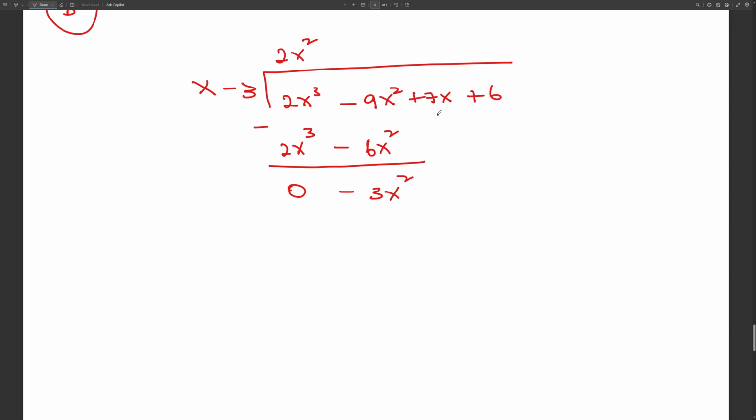And then take the 7x and bring it down here. Of course, it's plus 7x. Now, take negative 3x squared and divide it by this x.